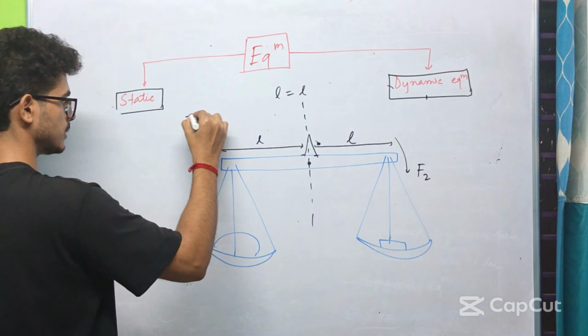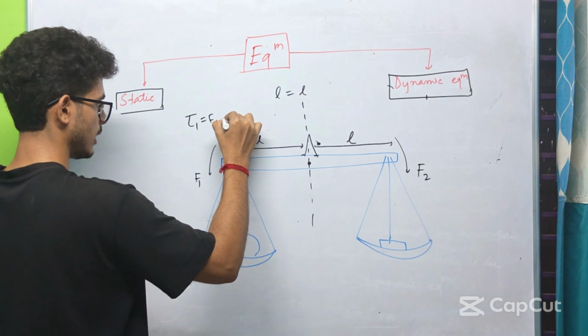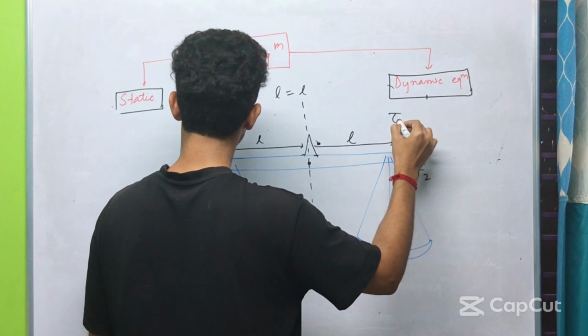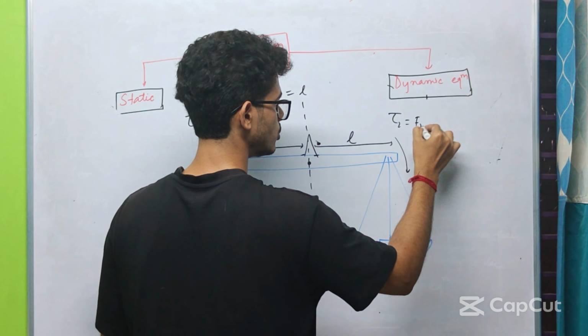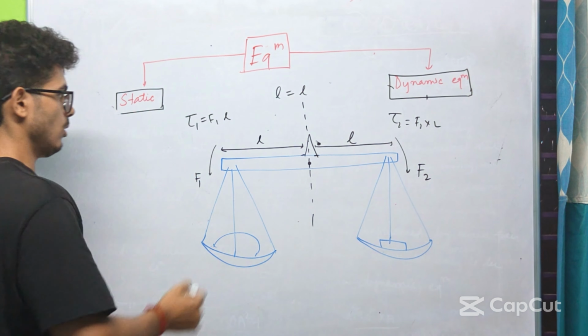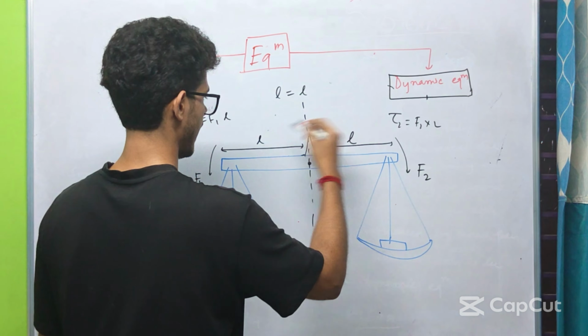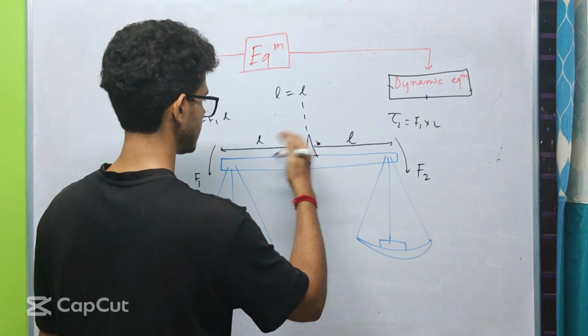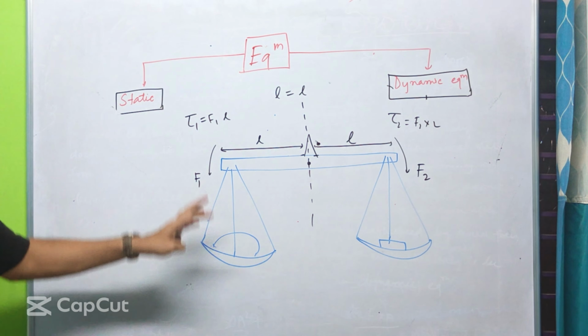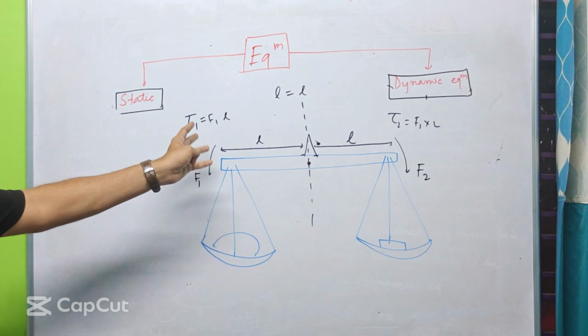So this torque becomes F1 into L, and torque 2 becomes F2 into L. So as the perpendicular distance is always equal, when the forces get equal, the torque will also get equal.